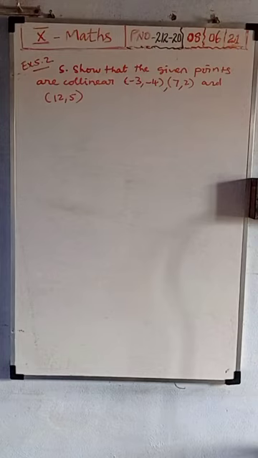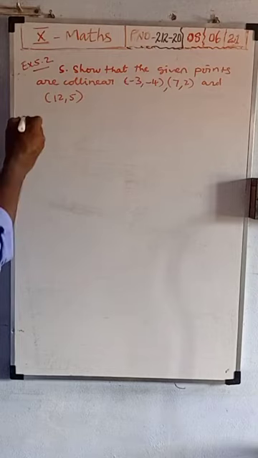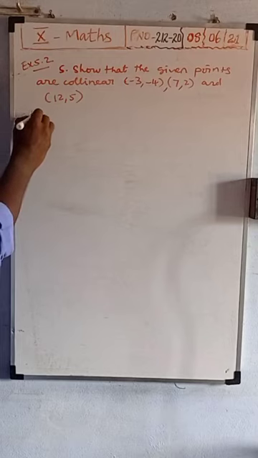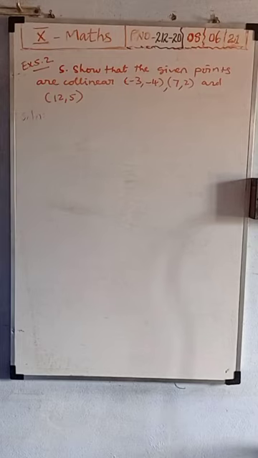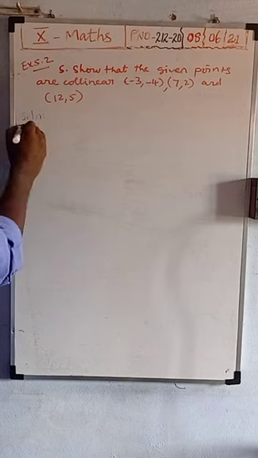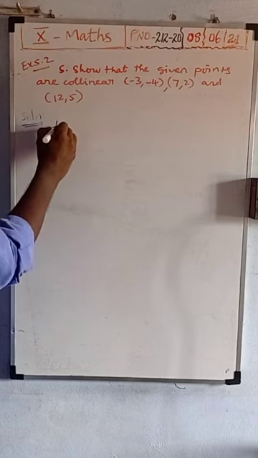Area of triangle is 0, given points are collinear. That is one method. Suppose you are not using that method, use this method, we will receive the answer. This also is easy. Show that the given points are collinear means first, given points, you choose A, B, C. So solution, first you choose given points.